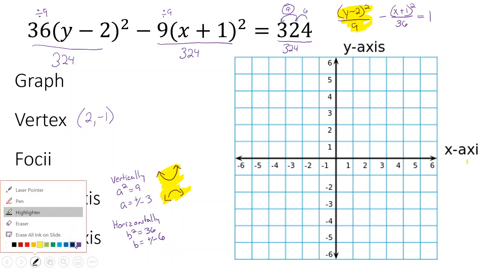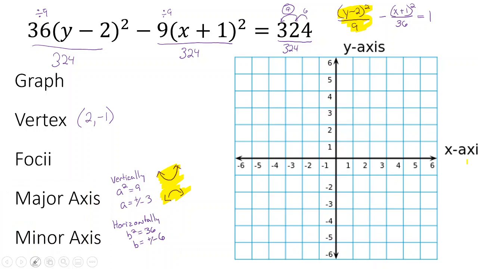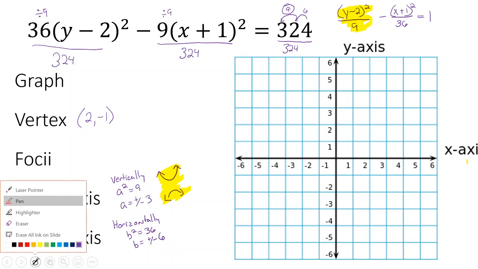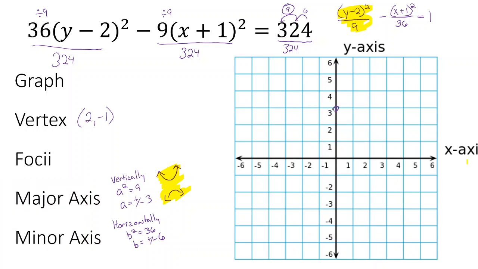So when I put those points in, I get positive 3 up, negative 3 down, and I go negative 6 to the right, and positive 6 to the left. And I know I said that backwards, but that works.